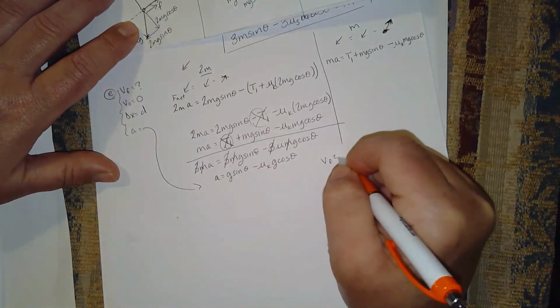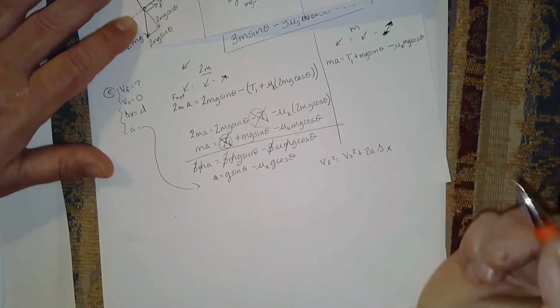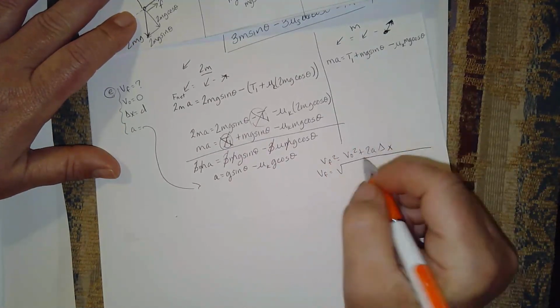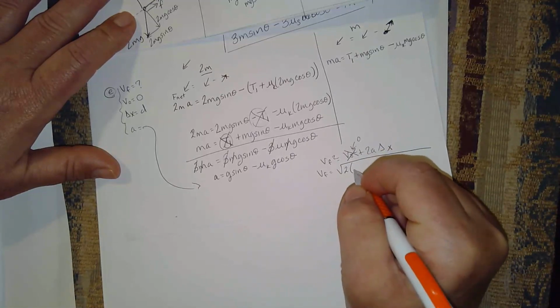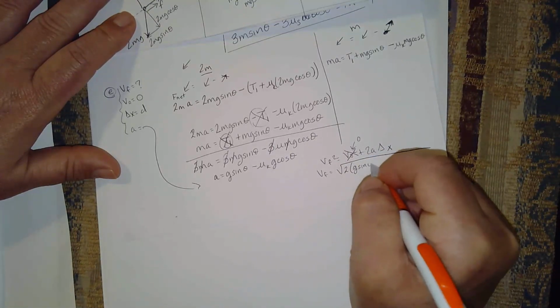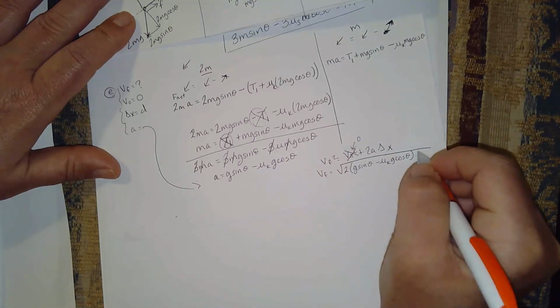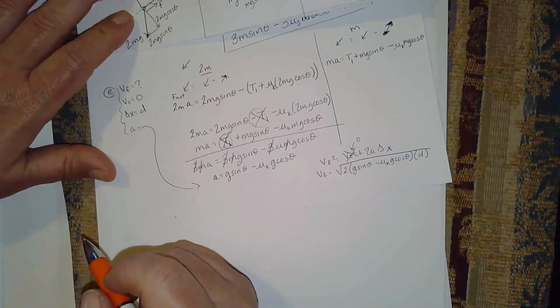So v final squared is equal to v naught squared plus 2a delta x. So v final is going to be the square root of all of that. Well, v naught is 0, so that goes away. And then my acceleration is g sine theta minus mu k times g cosine theta, times my distance of d. And I'm going to leave my answer just like that.